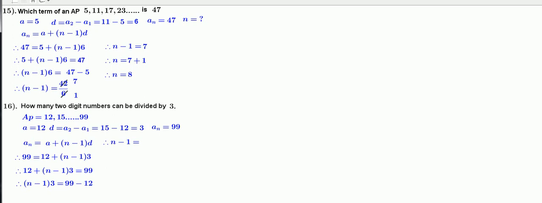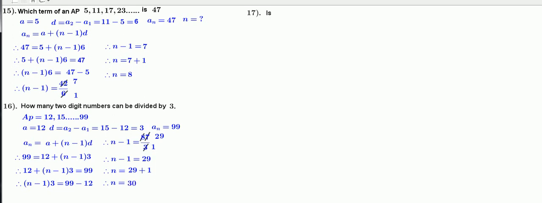N minus 1 equal to 87 by 3. 87 is divided by 3. 3 2s are 6 and 3 9s are 27. Therefore, n minus 1 equal to 29. That implies n is equal to 29 plus 1. The value of n equal to 30.